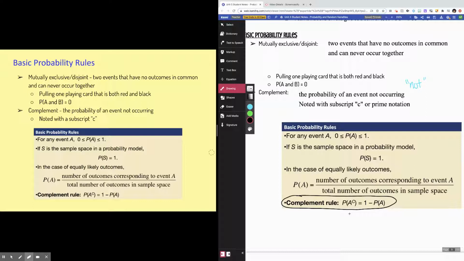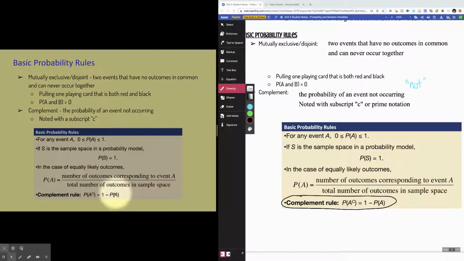Because for any event, if you boil it down to its simplest terms, you only have two options. Either the event happens, which is the probability of A, or it does not happen, which is the probability of A complement. Those two values together, the probability of something happening plus the probability of it not happening, encompass all possible outcomes, so they add up to equal 1 or 100%.